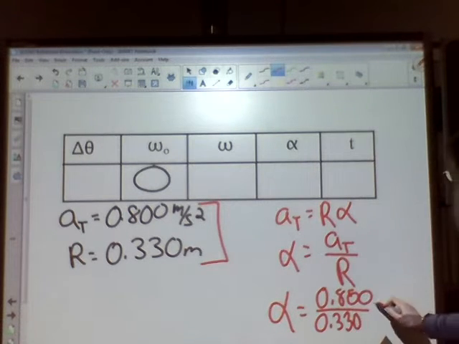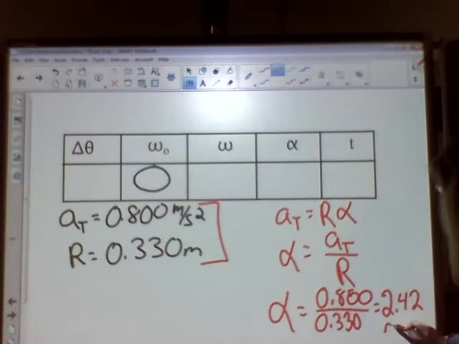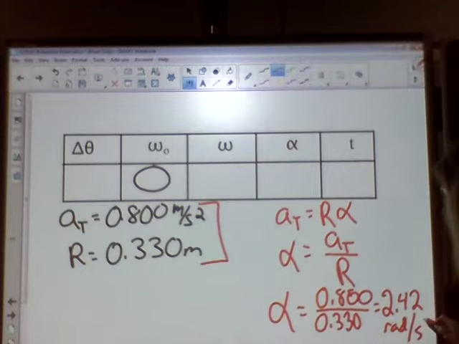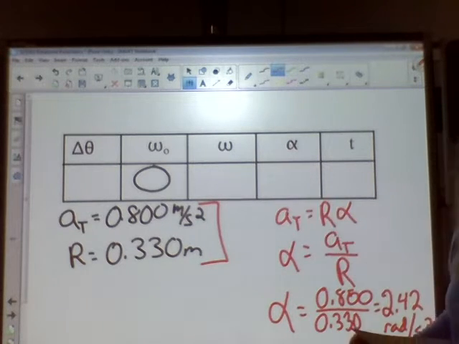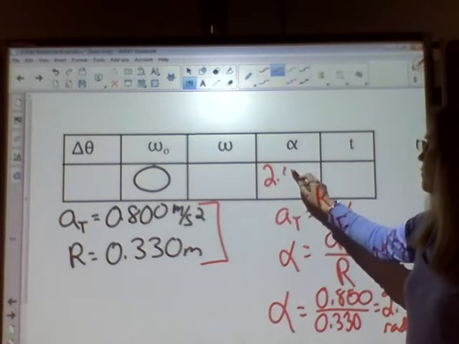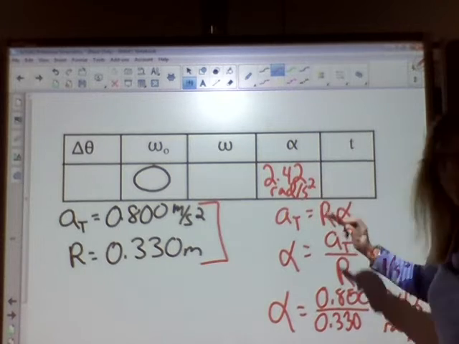And we find that our alpha is 2.42 radians per second squared. So now I can take that and put that up here into my grid, 2.42 radians per second squared.